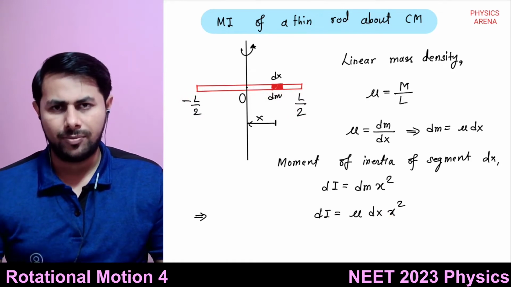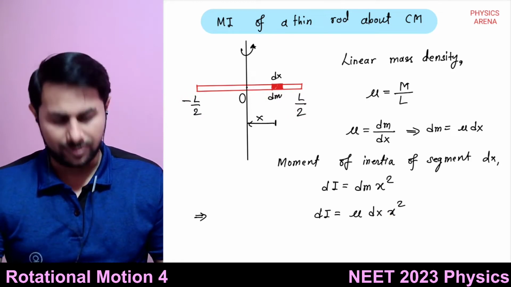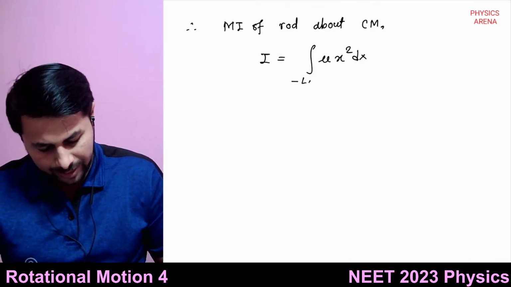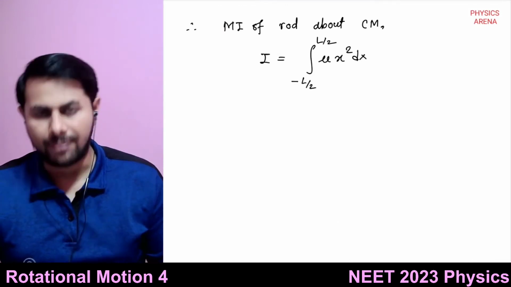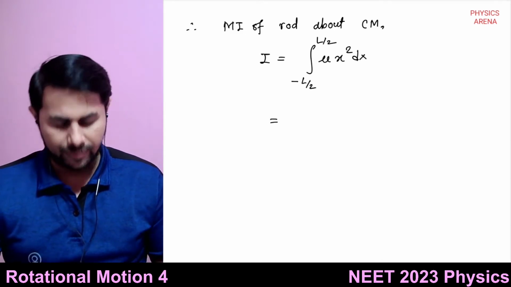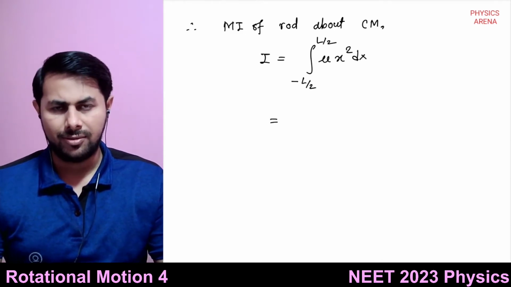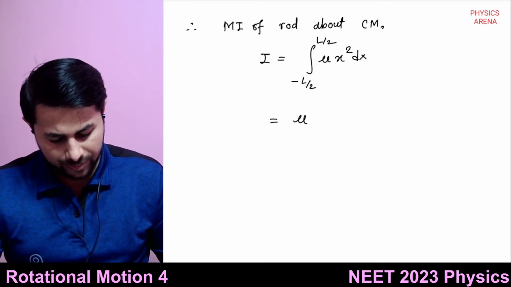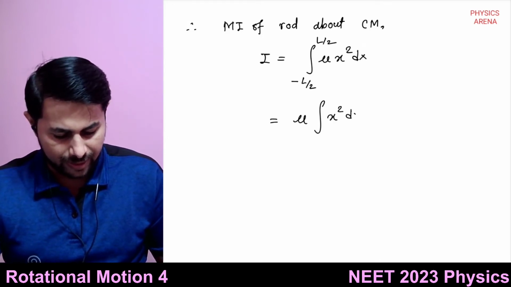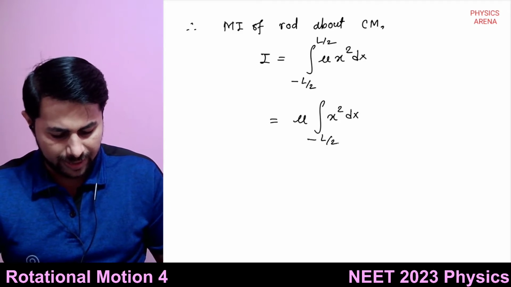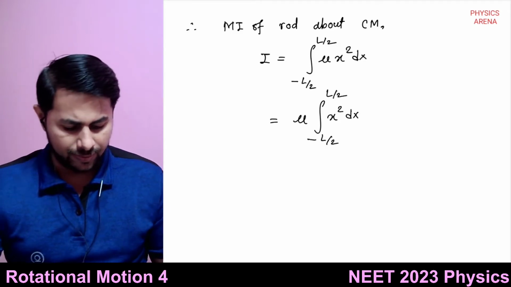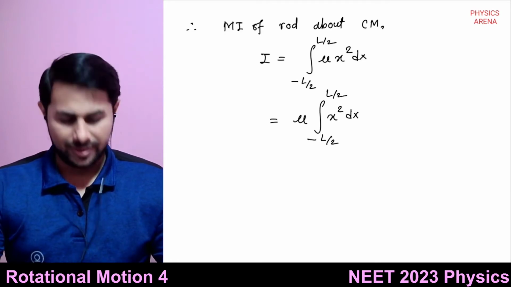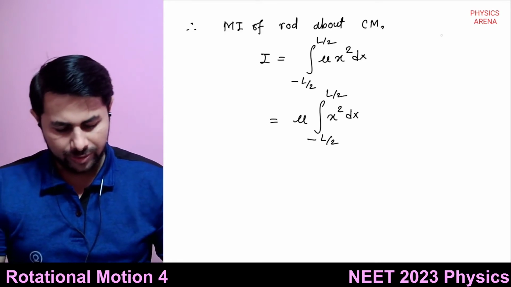So the lower limit is minus L by 2 and the upper limit is L by 2. Then we can take mu outside, because mu is a constant. So it is the integral of x square dx from minus L by 2 to plus L by 2. And what is this integral? X cube by 3, right? We have this formula.